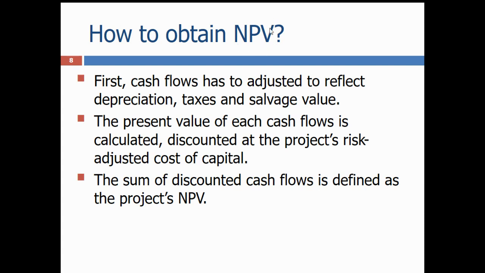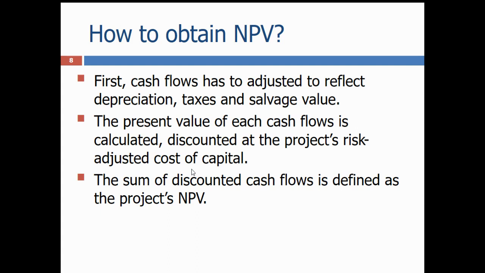All right, if I'm going to get 100,000 at the end of the first year, I need to calculate and see how much it is worth today. All right, that is net present value. Whatever you are getting in the future, you want to calculate and see how much it is worth today. All right, that is NPV, and that will be adjusted based on cost of capital. Okay, risk adjusted. You need to adjust your cost of capital based on the risk aversion of the company.